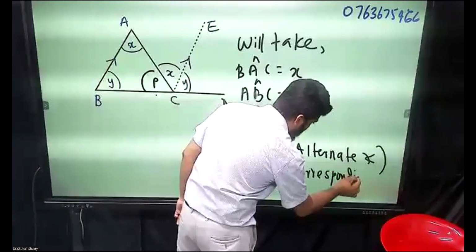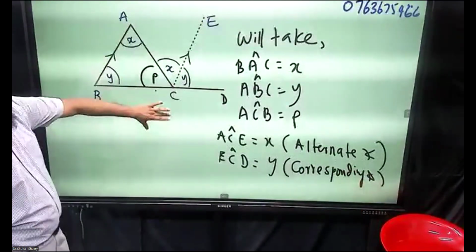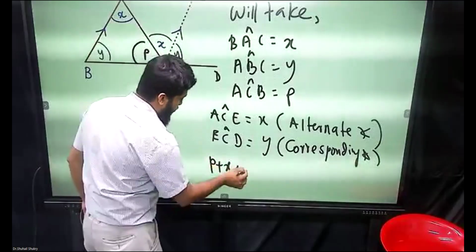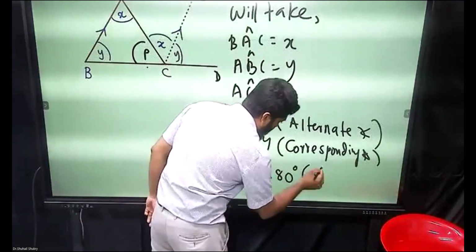You also write the corresponding angle. So finally you can write P plus X plus Y equal to 180. Reason, straight line.